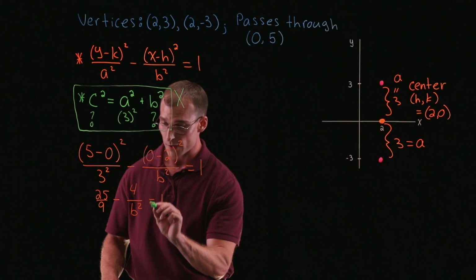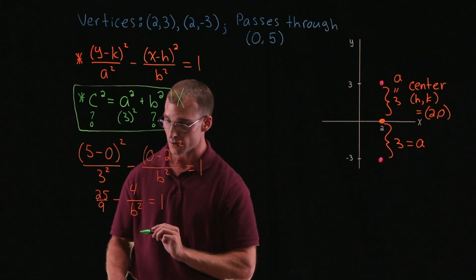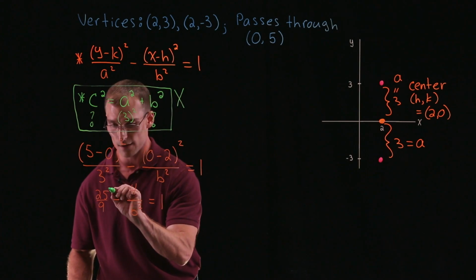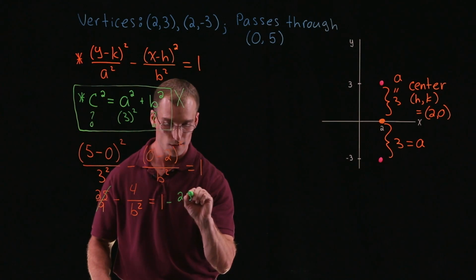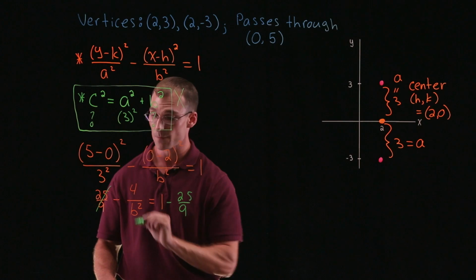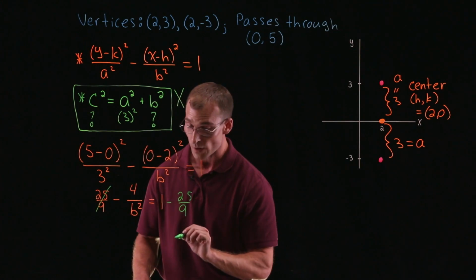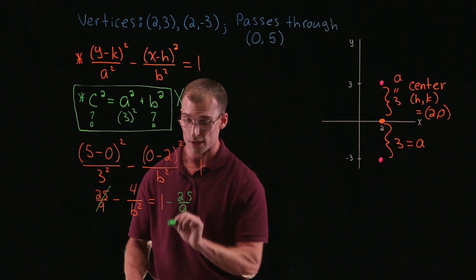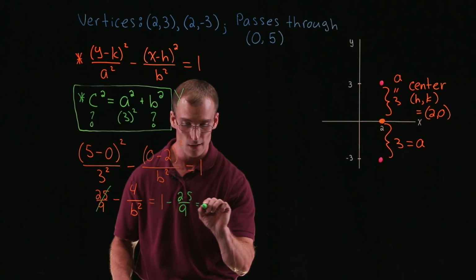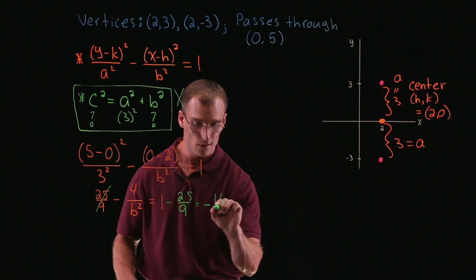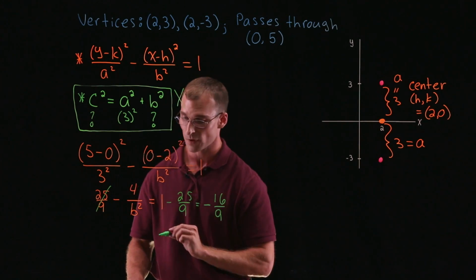We'll try to walk our way towards getting b squared isolated on one side. First, let's subtract this 25 over 9 from both sides. So 1 minus 25 over 9, where 1 is 9 over 9, is going to be equal to negative 16 over 9.